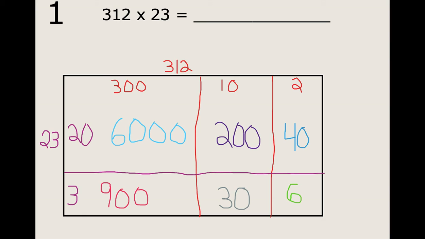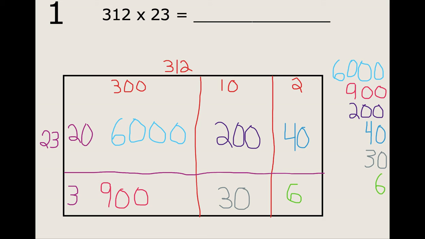Now we're not done yet. We still have to add all of these numbers together in order to get the product of 312 times 23. So I'm going to once again come over here to the side and do 6,000 plus 900 plus 200 plus 40 plus 30 plus 6.